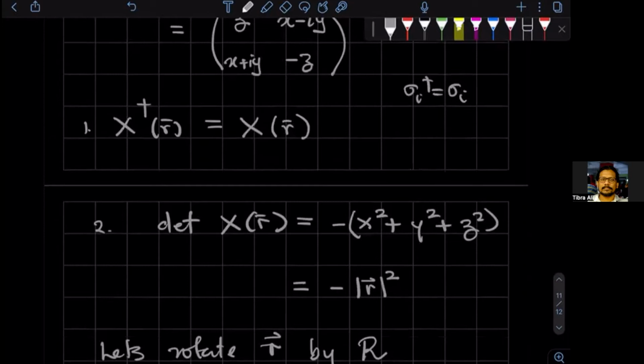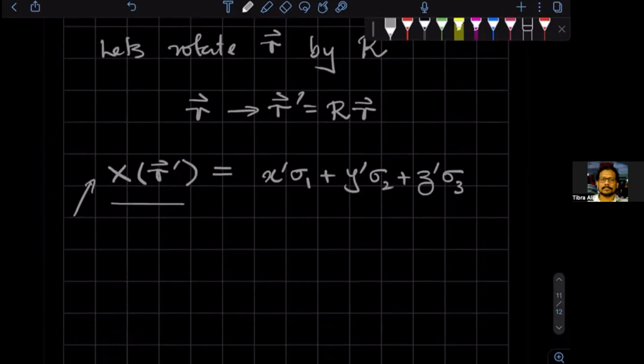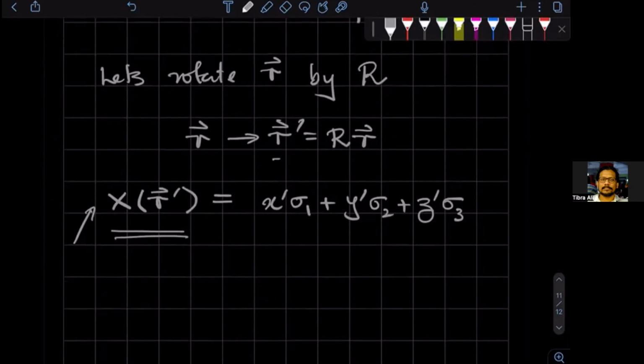Okay. Now there must be some transformation between this X of R and X of R prime, which corresponds to this rotation, right?